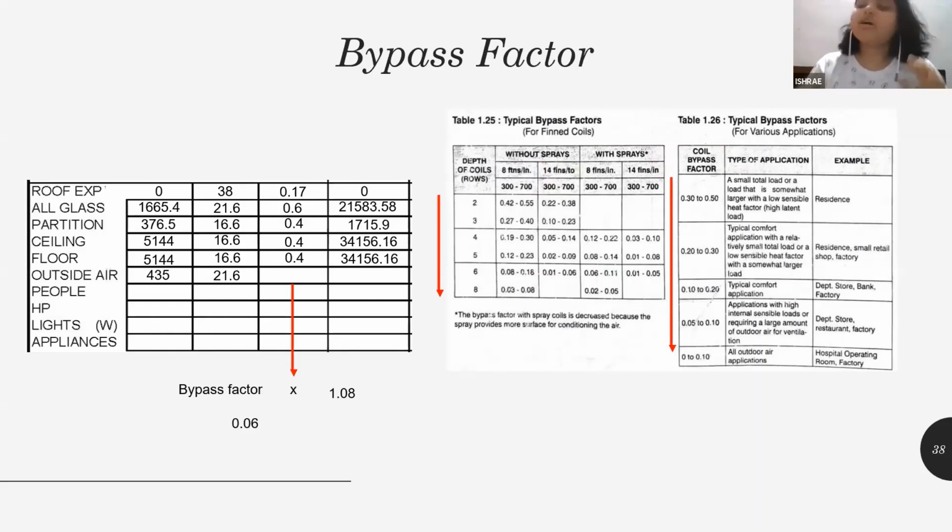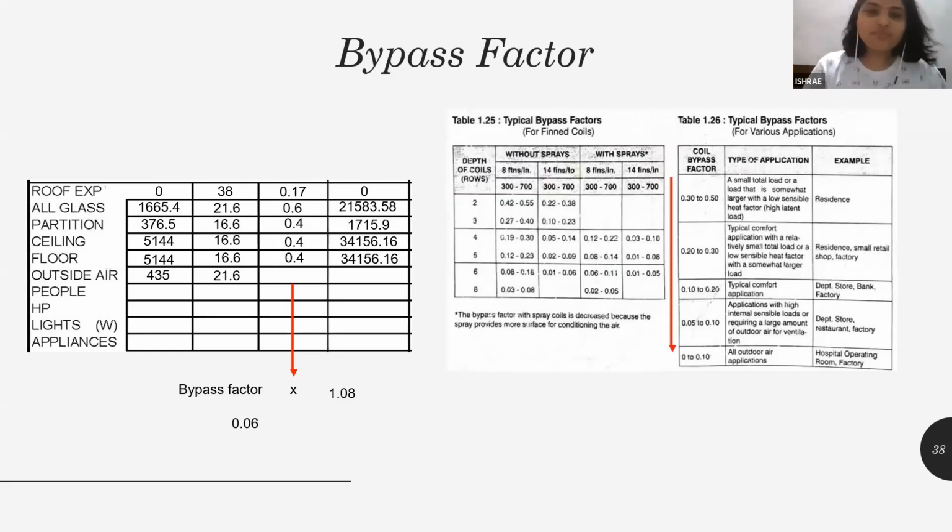And I will take a bypass factor of 0.06. Why 0.06? Because if you see here on the second last line, department store, restaurant, factory, it is acceptable for an office. So I took a value that was an average of 0.05 and 0.1. I just took 0.06 for my own convenience.